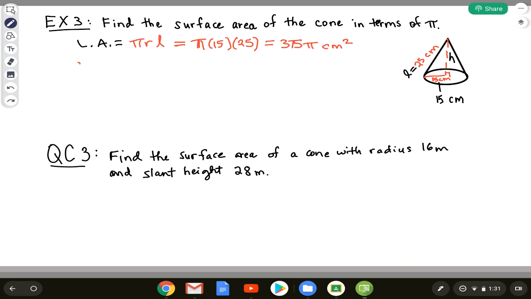The surface area then will be that plus the area of the base. So it'll be pi times the radius squared. So the pi r L we already worked out is 375 pi. The pi r squared will be pi times 15 squared.